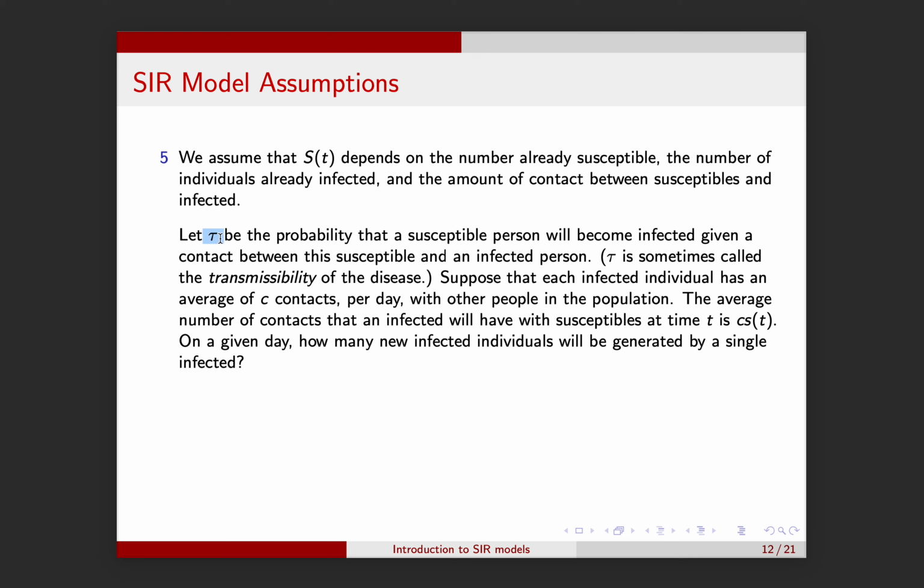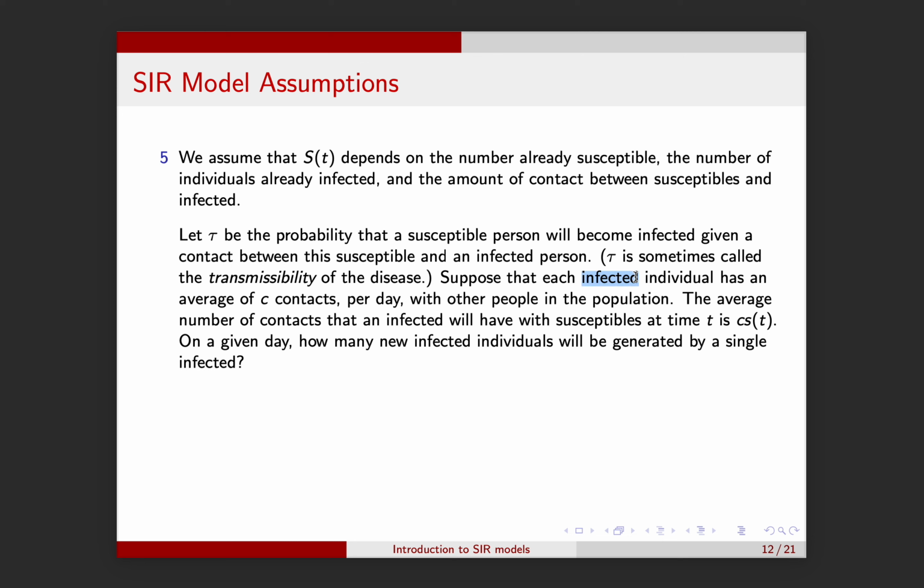And of course, that probability depends on if we're wearing masks and all that sort of thing. But anyway, all I'm saying is if a non-sick person who's susceptible comes into contact with a sick person, they don't necessarily become sick. There's some probability they stay susceptible. So suppose that each sick person has an average of C contacts per day with other people in the population.